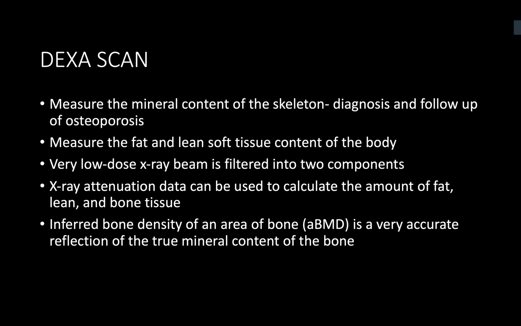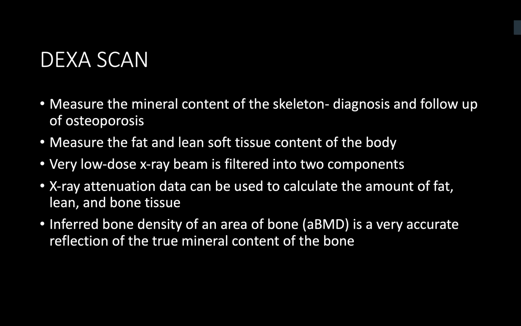So you could do a DEXA scan, dual energy X-ray absorptiometry, to look at the bone mineral density. What is the mechanism of DEXA scan? What do we use in DEXA scan? So it uses X-rays. It takes pictures of specific bones, for instance, the femur or the vertebrae.